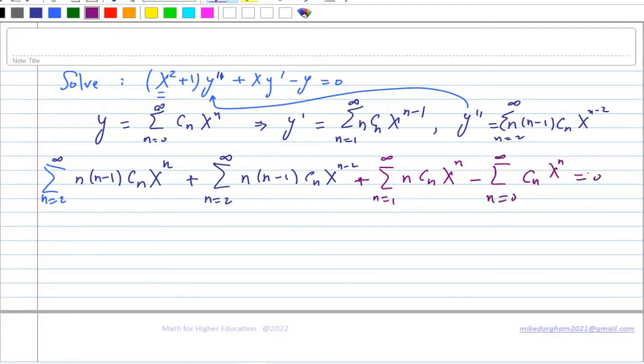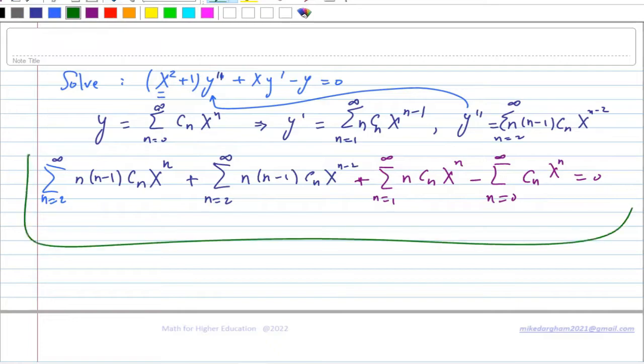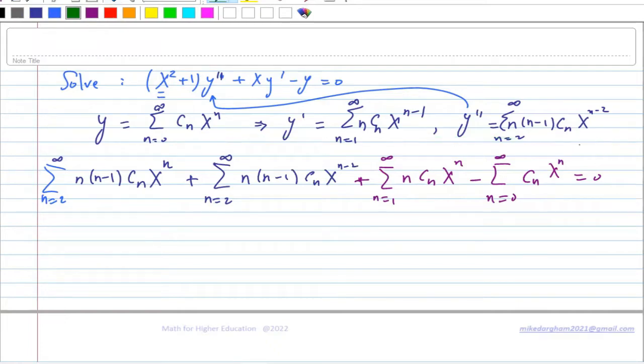Now, as we said last time, the first step after what we end up with here is to match the x exponents. Those should match. We choose a letter k; you can choose i, j, whatever, but we choose k.